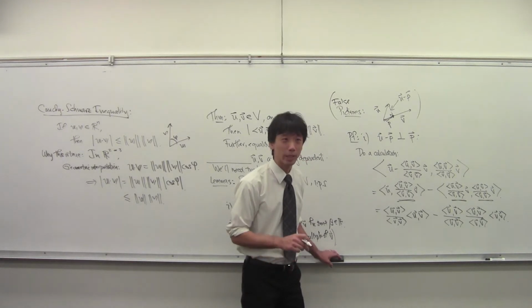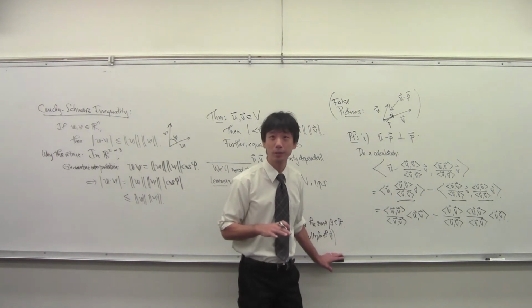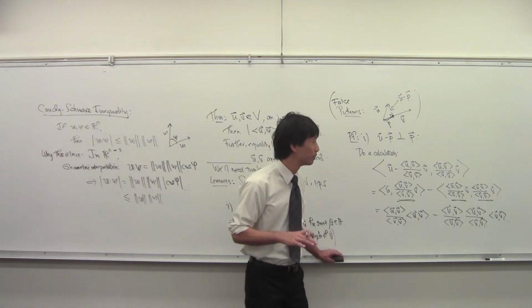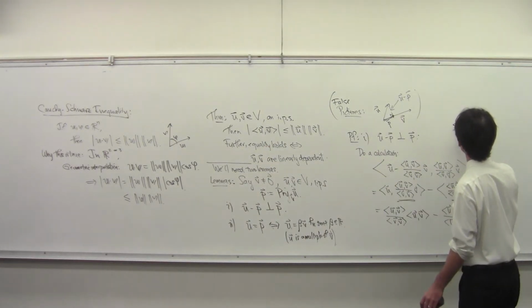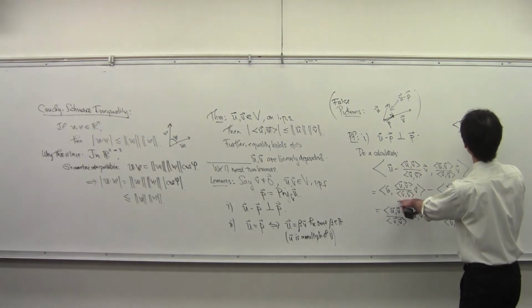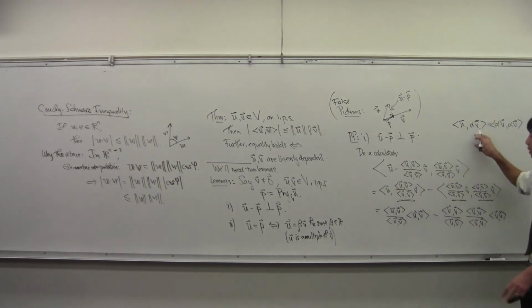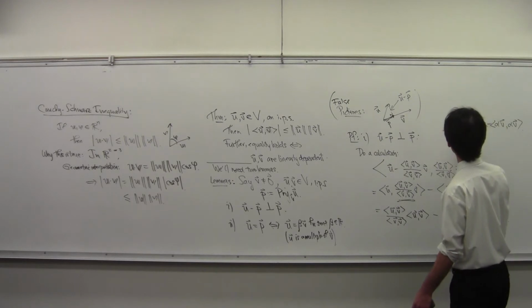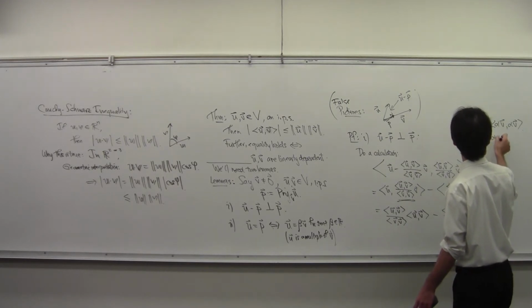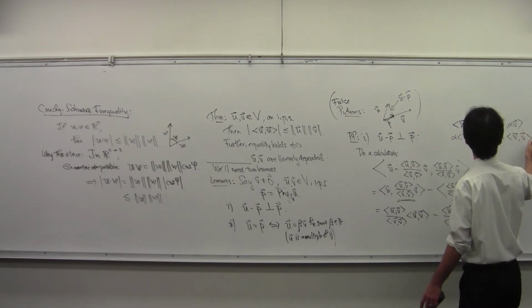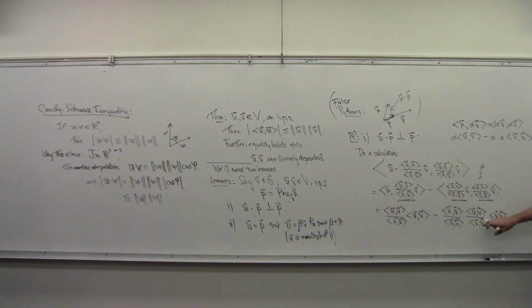Everybody okay? Anybody confused? So look, we've got U. We've got some multiple of V. We've got that same multiple of V. Let me call this scalar alpha. All I'm saying is that I can pull that alpha out.